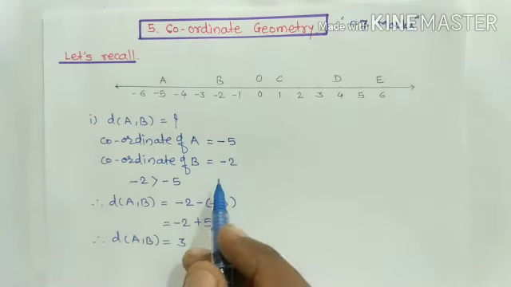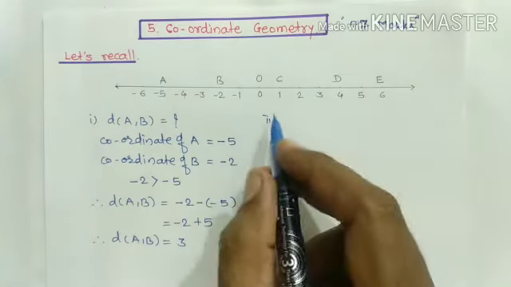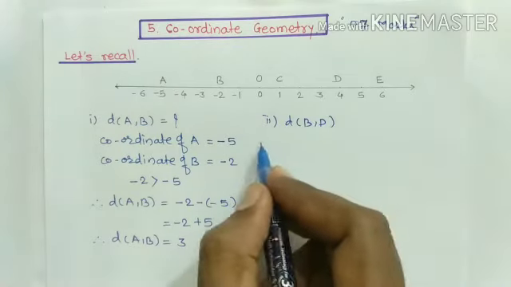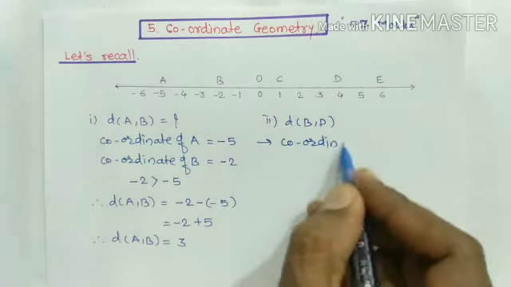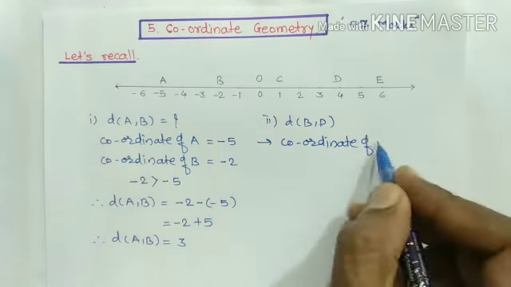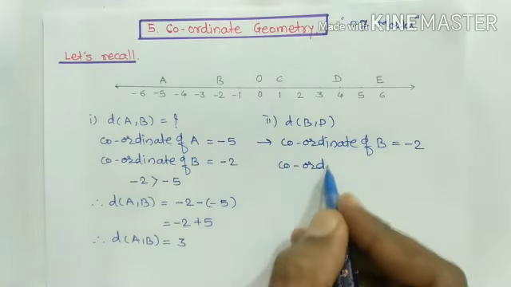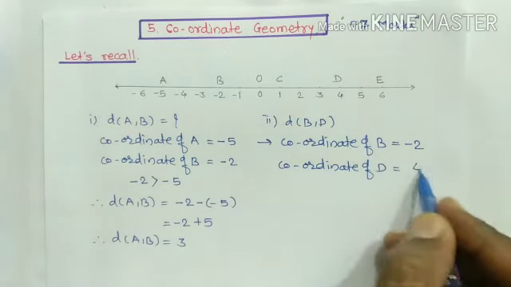आता यापेक्षा वेगळे एक्झाम्पल घेऊया. पहा, here we have to find the distance BD. First we write the coordinate of point B, that is the coordinate of point B is -2. Then coordinate of point D is 4.